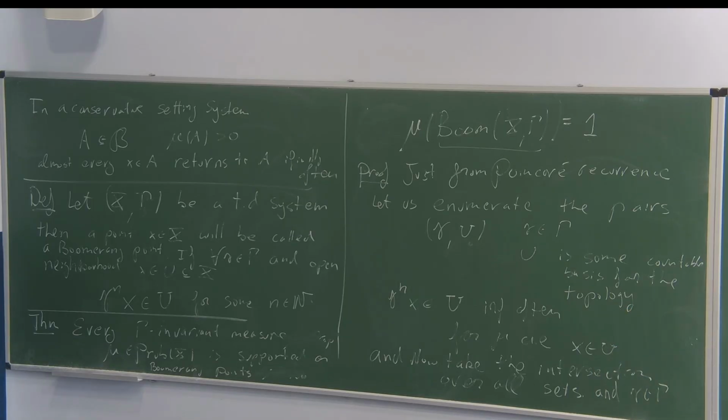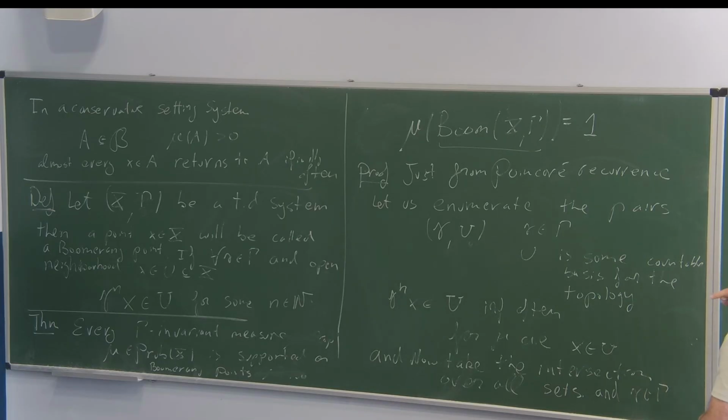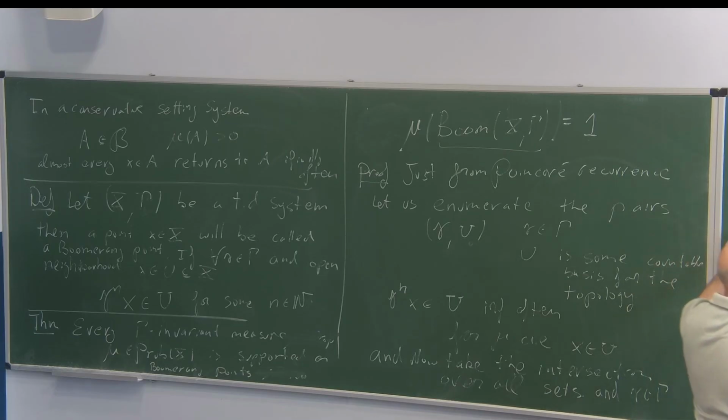So let's try to recast this in the measure theoretic setting. Definition: I call this a non-singular system, where non-singular refers to the fact that only the measure class is preserved, not the measure.